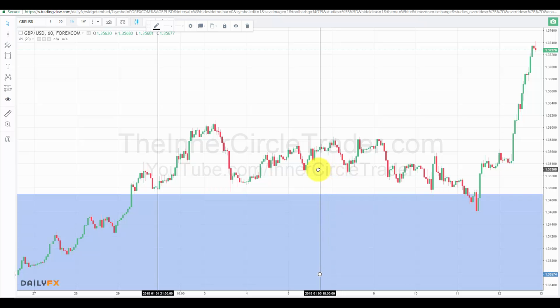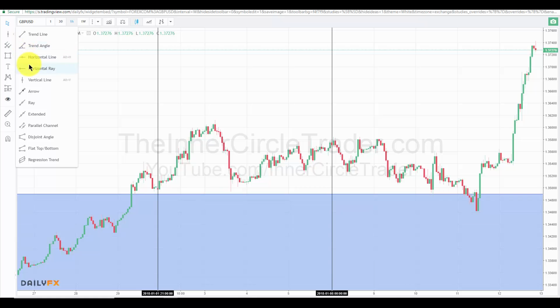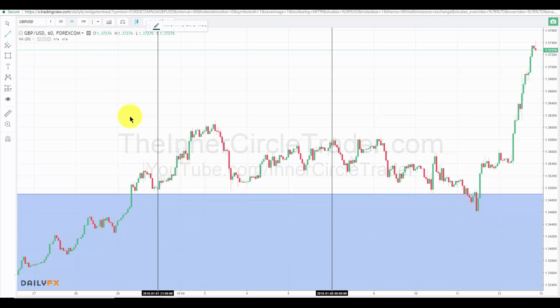We don't see anything over here until there. There's our delineation in time, so we have a range in time. Now we're going to have a reference point in terms of price, or a range, if you will.